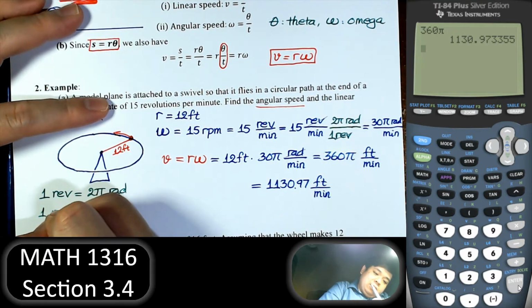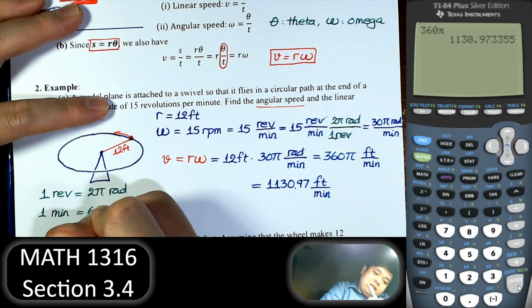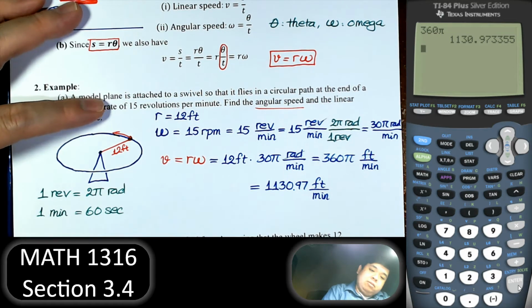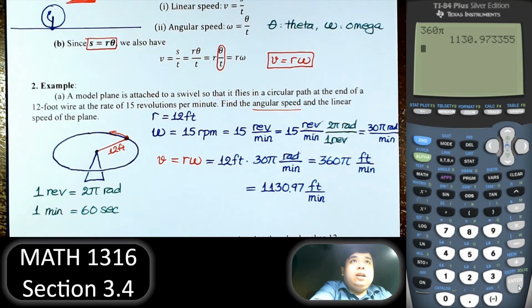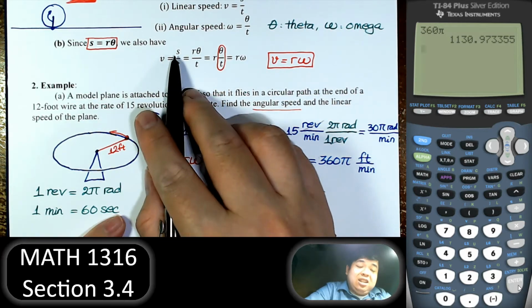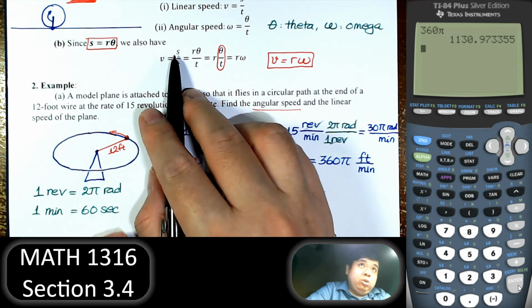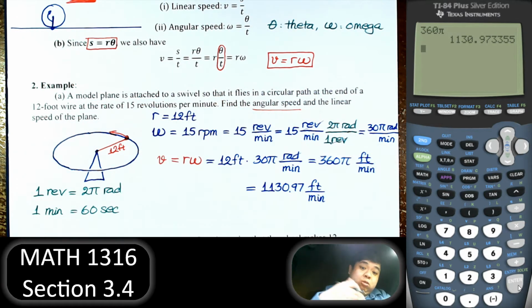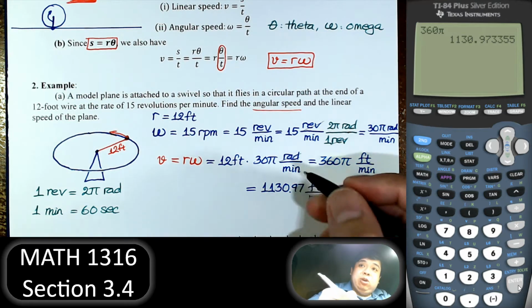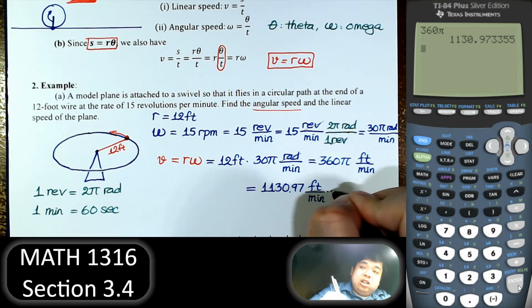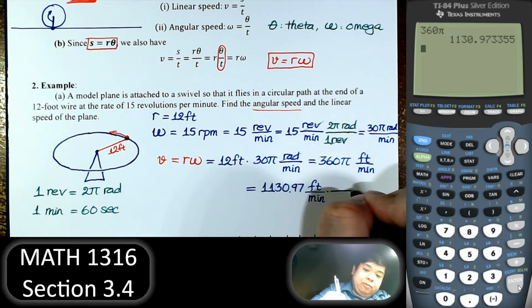1 minute is equal to 60 seconds. Usually in physics, when we write second, we don't need to write sec, but because we have s as the arc length here, I don't want to be confused with s as the arc length, so I have to spell out the second, even though in physics a second is just abbreviated by the letter s.